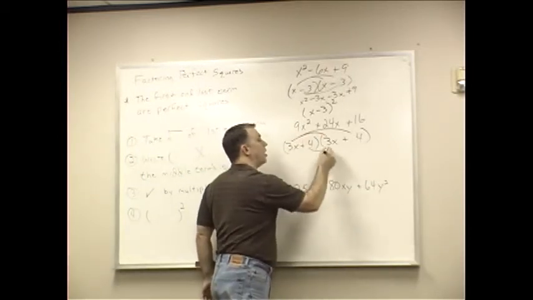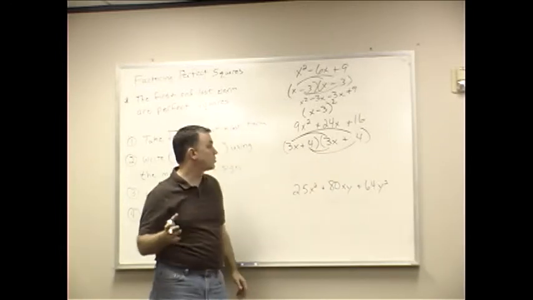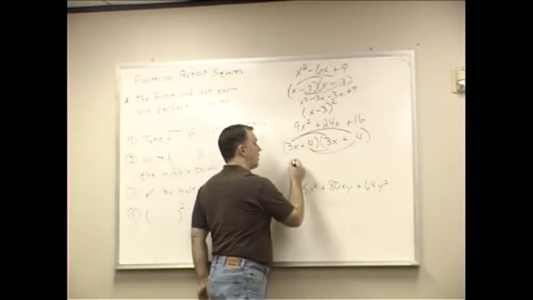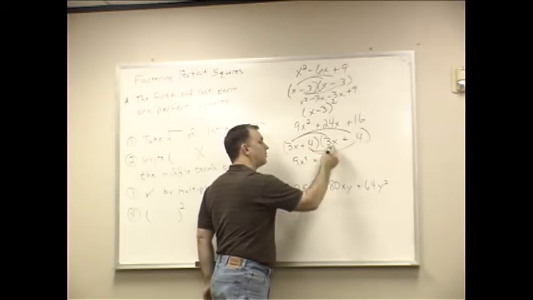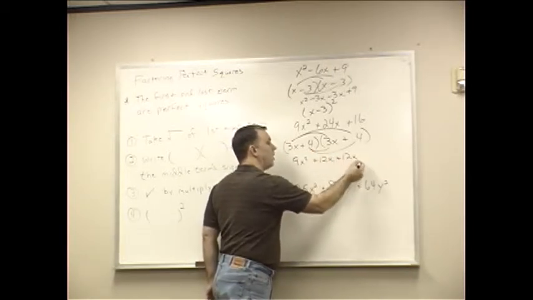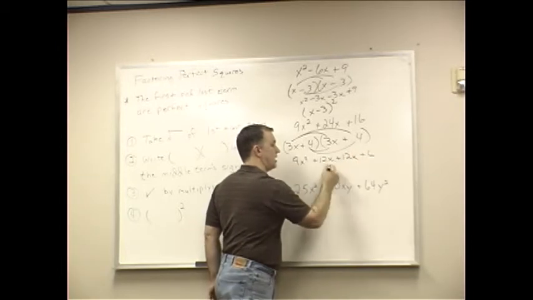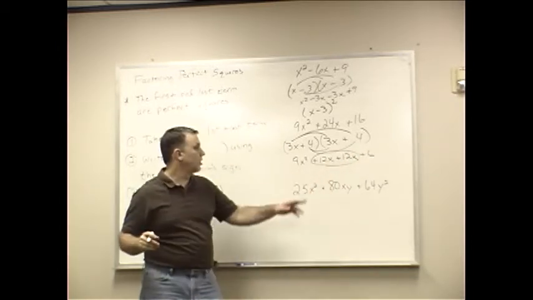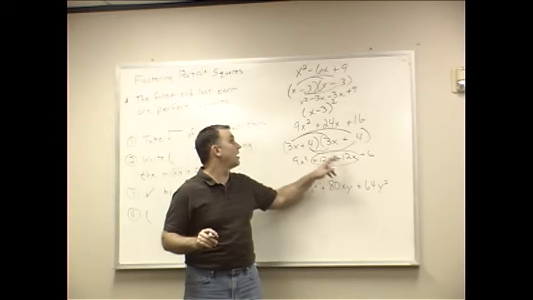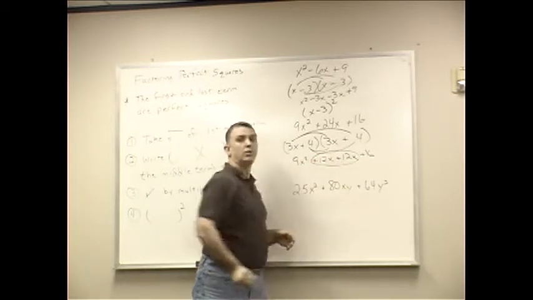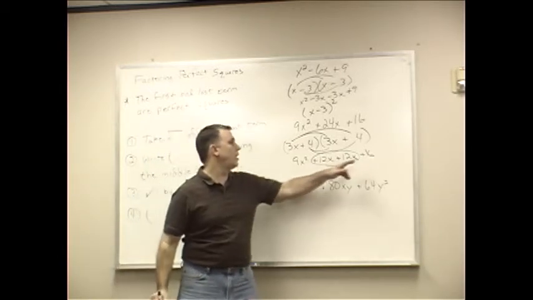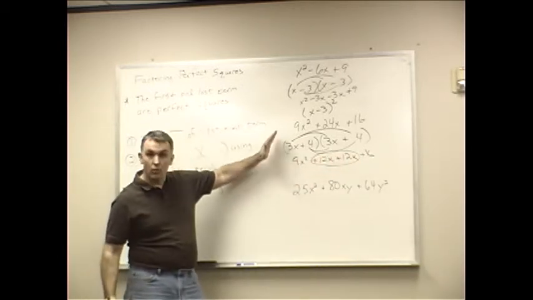I'm going to go ahead and multiply it out and check it just to make sure that it all works. So I get 9x to the second plus 12x plus another 12x plus 16. Combine my middle terms. 12x plus 12x is 24x. 9x squared plus 16, helps if you actually write what you say. And that works, doesn't it?